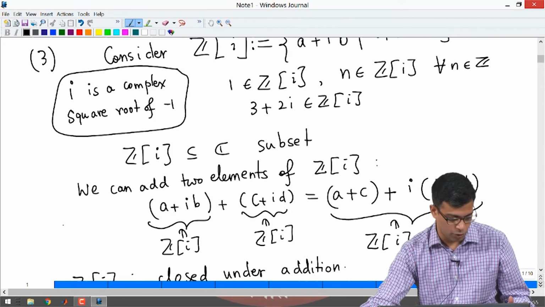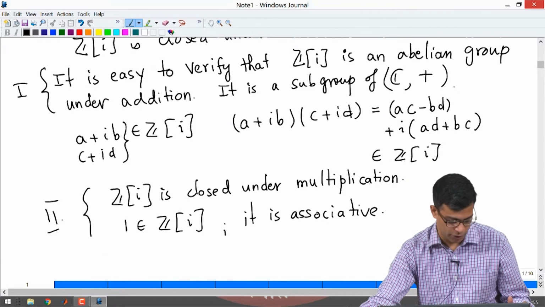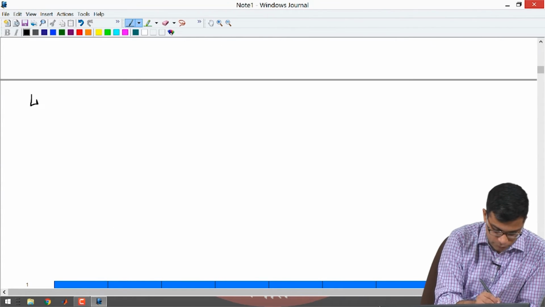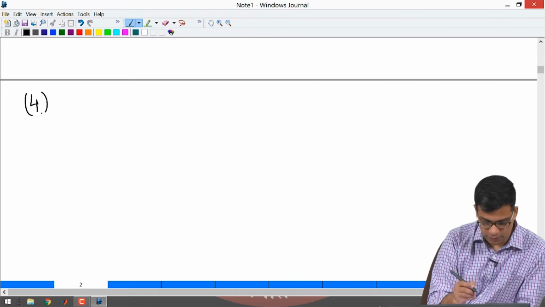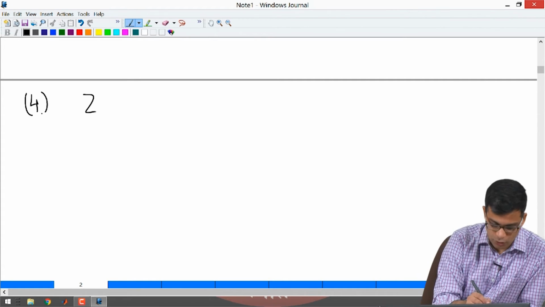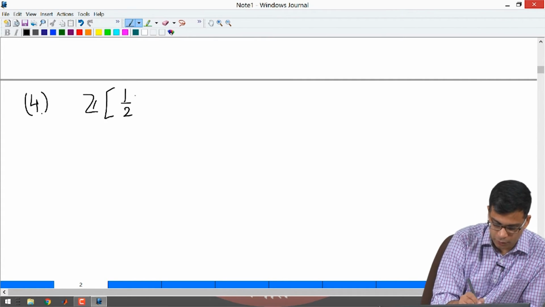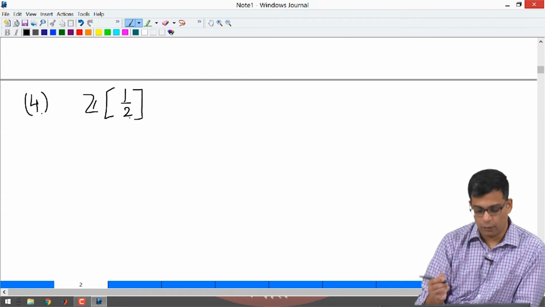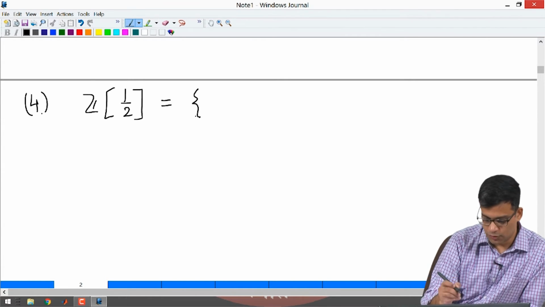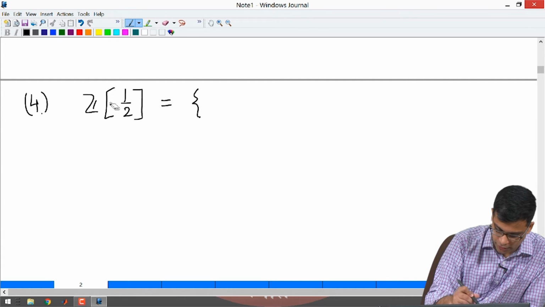Now let me just do one more example where things do not go well. Final example I want to talk about before giving you the definition of a ring. So, this is example 4. Similar to Z i, let us look at Z, let us say 1 by 2. Actually what I am writing is not correct.